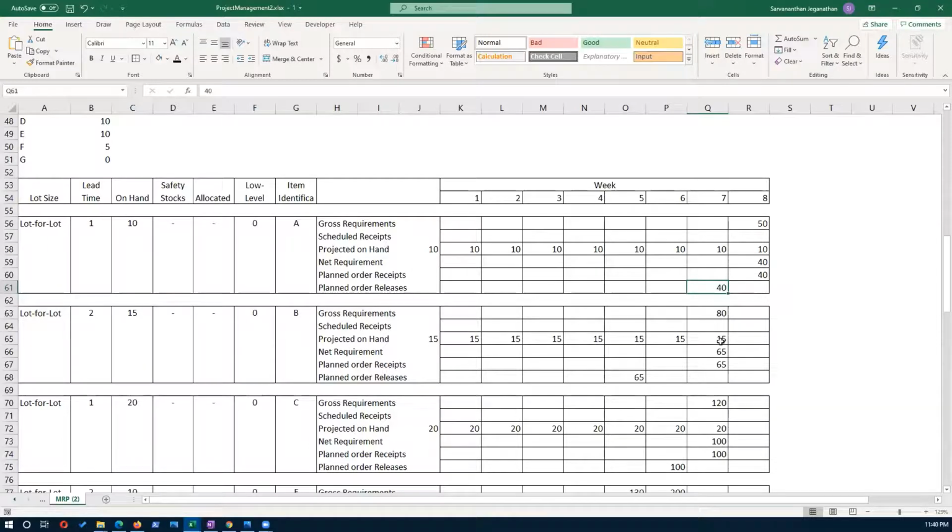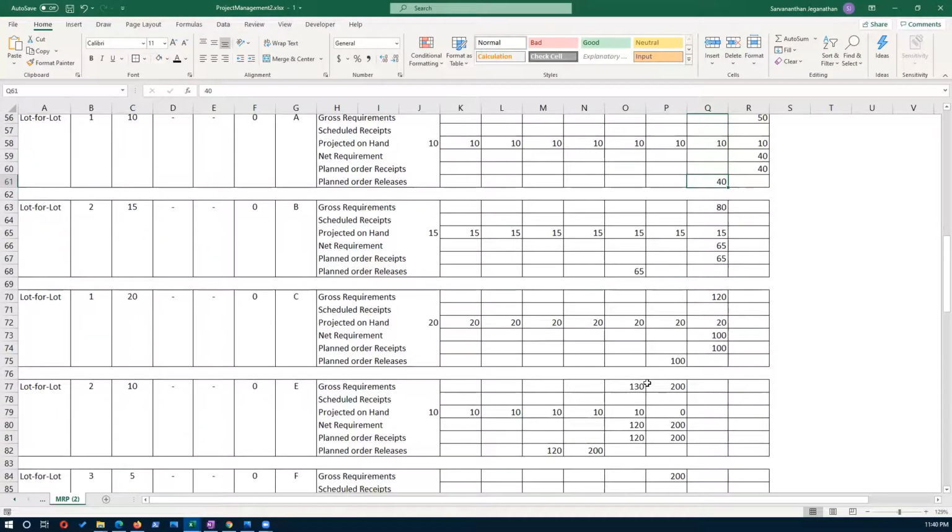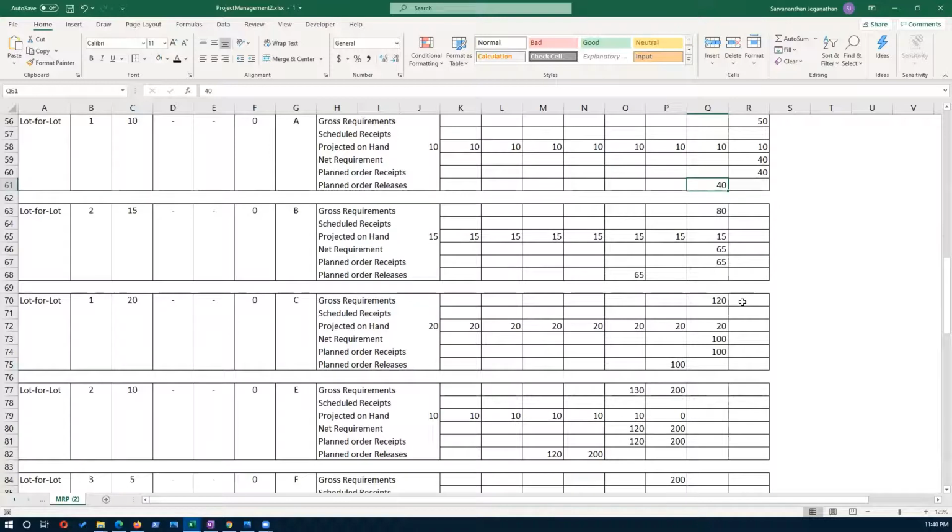We already have 15 inventory. 80 minus 15, 65. So the planned order release is going to be 65.